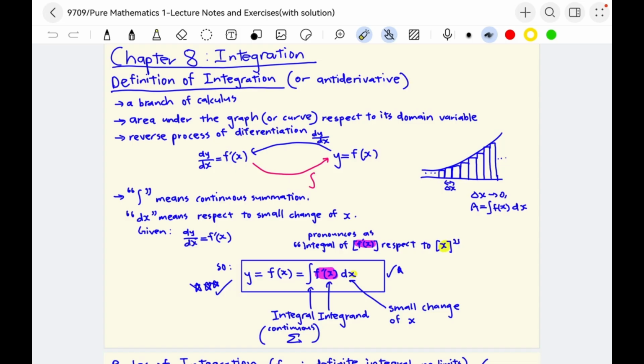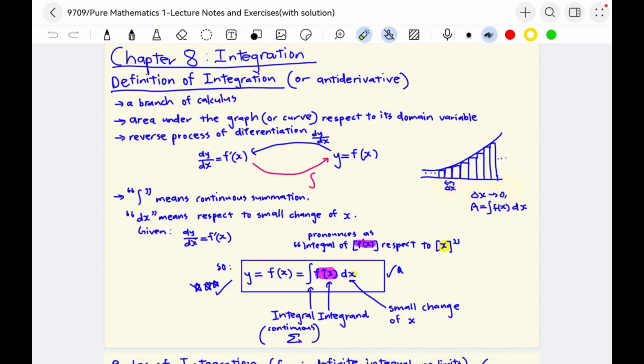Alright, what to know about integration is, it is actually the antiderivative under the branch of calculus, as the previous chapter that we have learned about differentiation. Okay, and it also has another definition of the area under the graph, by summing up the areas of the strips, alright, as each width of the strip approaches 0.